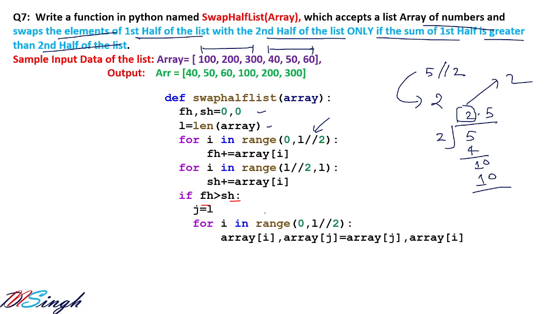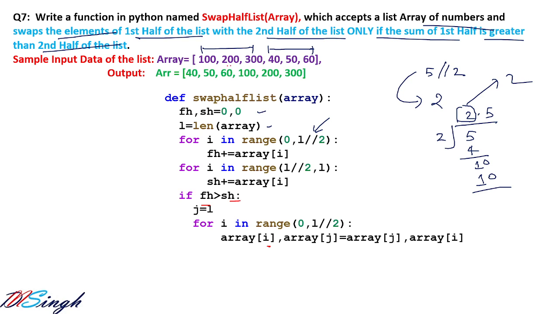We have ARR of i, whatever the value of i, first it will be 0. Then ARR of j, which will start from the last index.